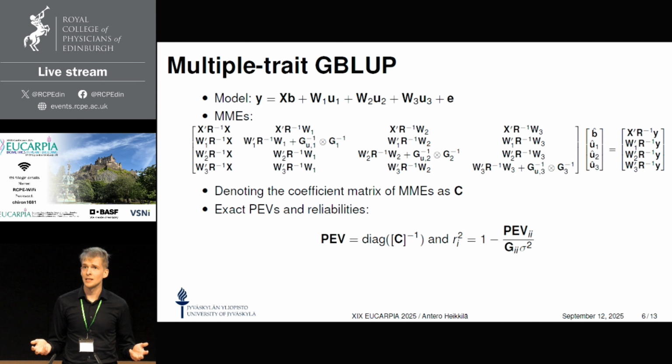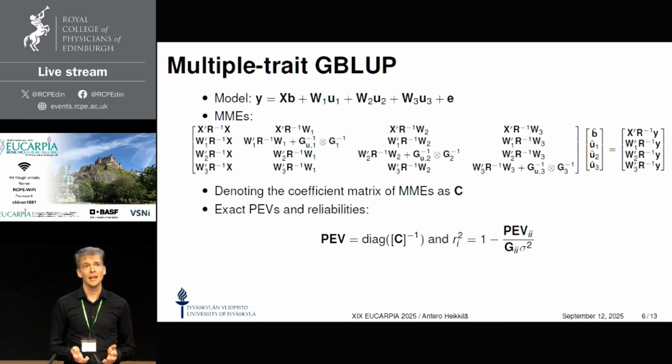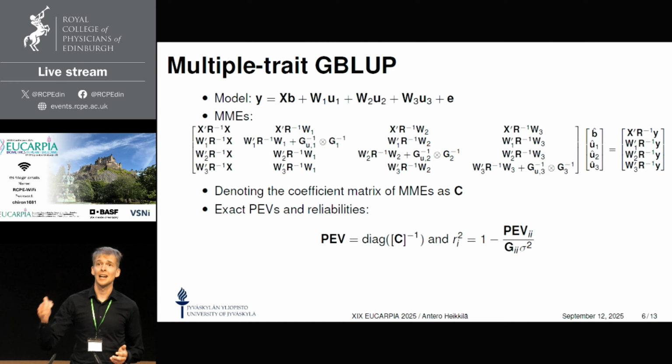By using these exact prediction error variance values, we can also obtain the exact reliability values. You see the simplified formulas at the bottom. And in this slide, we also see why the exact method becomes computationally infeasible, because we have to invert that huge matrix.